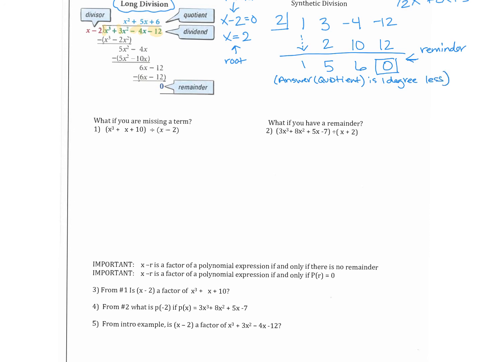So I'm going to go down a degree. So if you look over here, originally my polynomial was degree 3. So my answer is going to be degree 2. And that 1, 5, and 6 you see, those are my coefficients. So since it's degree 2, I'm going to have 1x squared plus 5x to the first plus 6, and my remainder is 0. So this is my answer.